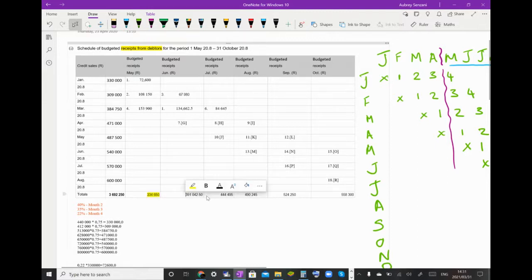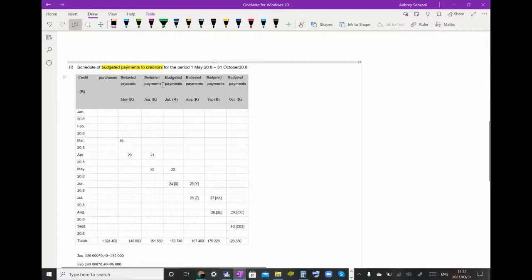This is how much we can expect to come in during the month of June, etc. And this, the budgeted receipts, allows us to budget how much cash we will have, so we know how much money we can apply to certain expenses, or allocate to certain projects or other business initiatives. So this scheduled budgeted receipts plays into your overall budget. And likewise, the thing that we're about to go on to, your budgeted payments, shows you how much we need to pay each of these months to our creditors.